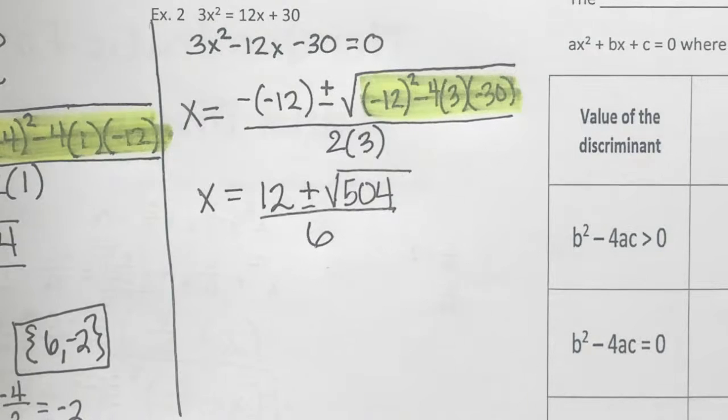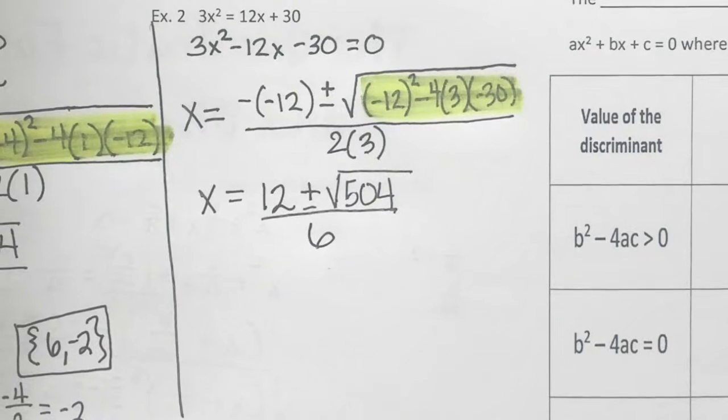You can just type it in and see. Do y'all know how to do a square root in Desmos? It is a button. Or I like to type. If you type SQRT, it just appears. So 504. Oh, it's not a perfect square root. It's a terrible irrational number.